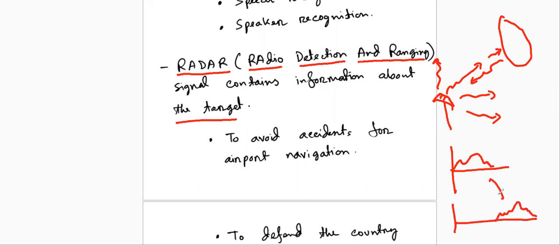Then you can do the correlation between them, by which you can understand whether this is your own signal coming back or a different signal. It might happen that there is a different signal, not your signal, like a signal like this. There are some other signals. In that case, the correlation will tell you whether this is your signal or other signals.